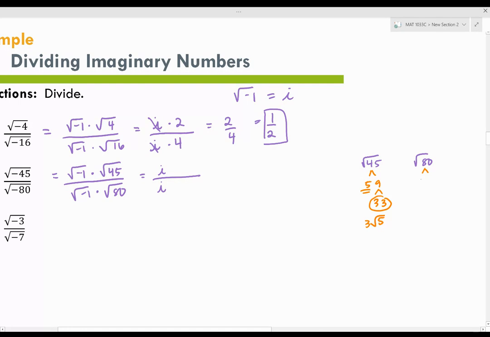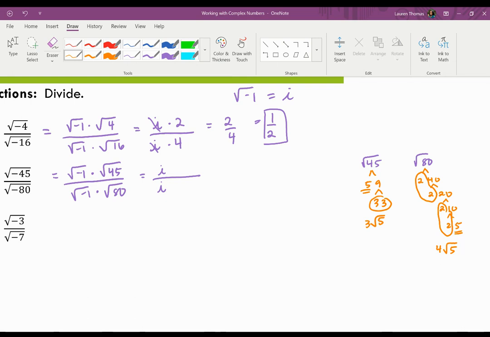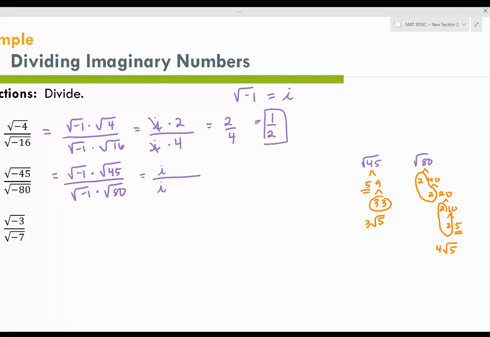All right, let's break down 80. That's 2 times 40. 40 is 2 times 20. 20 is 2 times 10. 10 is 2 times 5. So remember, our numbers can come out in pairs. So I have 2 pairs of 2's, and the 5 will stay behind. So 2 times 2 is 4, square root of 5. All right, so let me put those back into our problem.